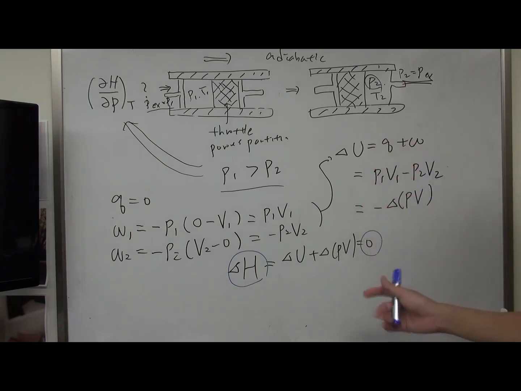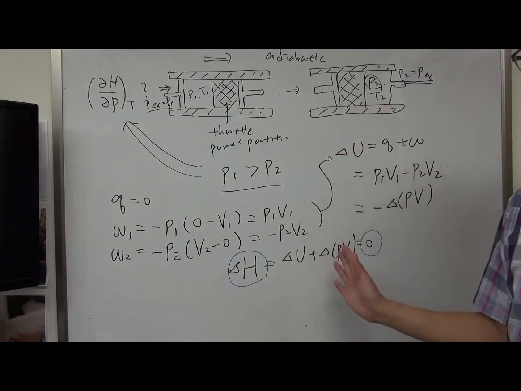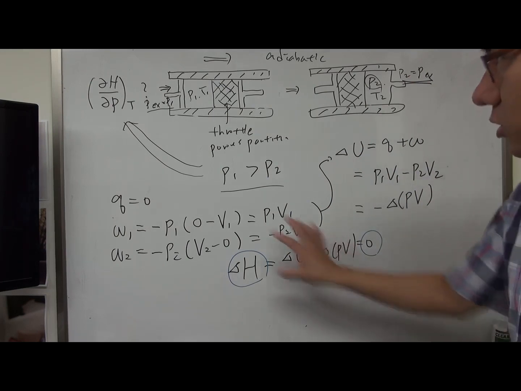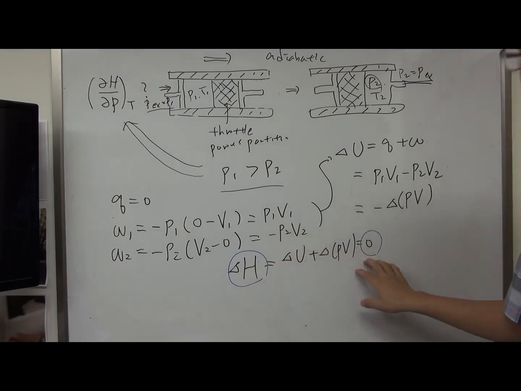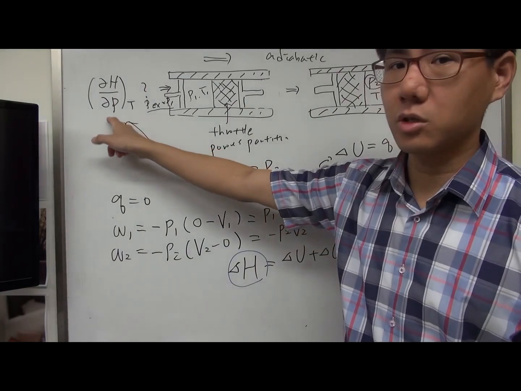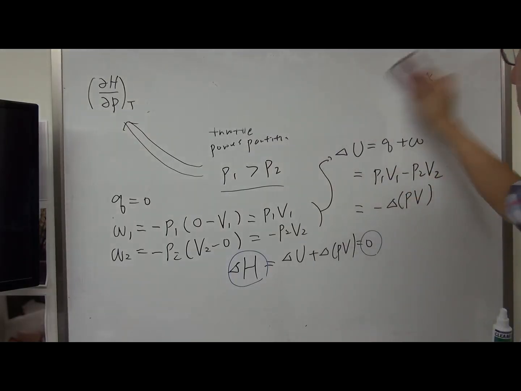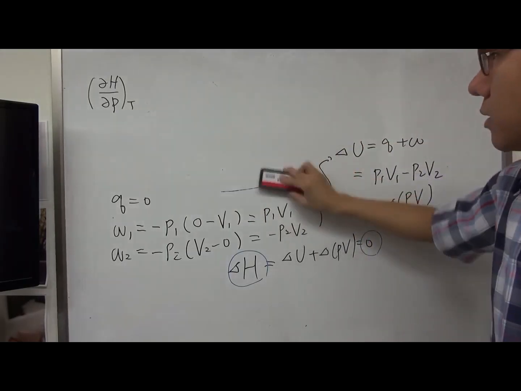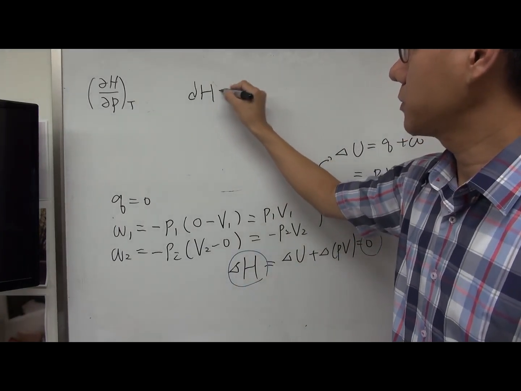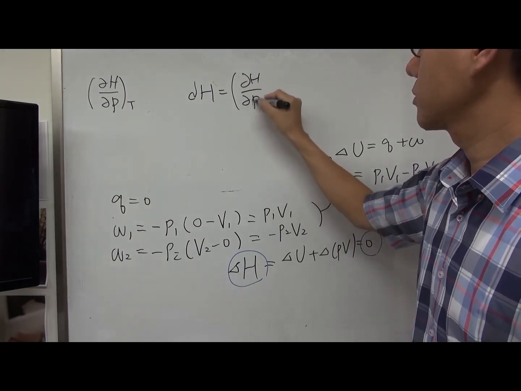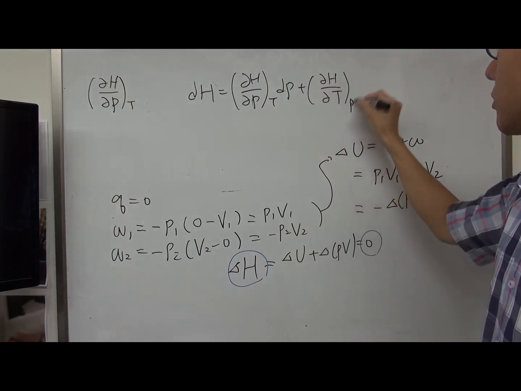So, let's review this. You can read the textbook and try to understand this experiment. It's rather complicated actually. This whole experiment is a constant enthalpy process, and from this result they tried to determine this. How? Let's go back to the first expression for the enthalpy, dH in terms of T, right?